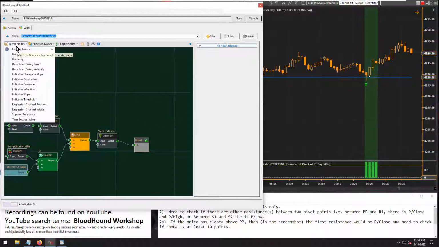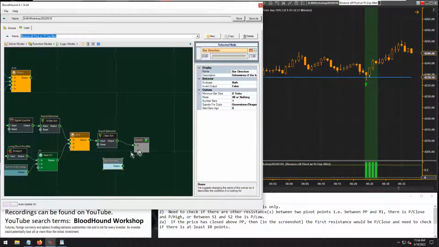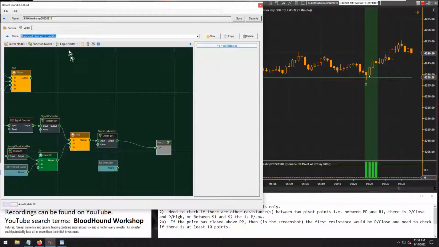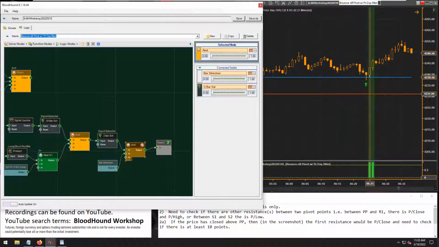So now we need a bar direction solver, and another AND node. Let's grab another AND node and connect that in. Once we connect our bar direction in, there we go.